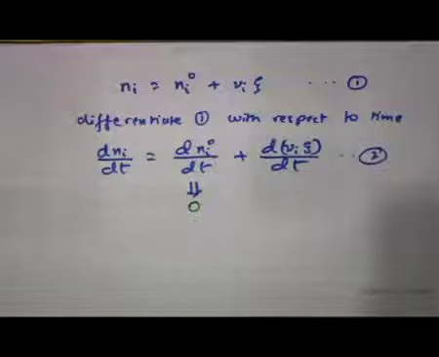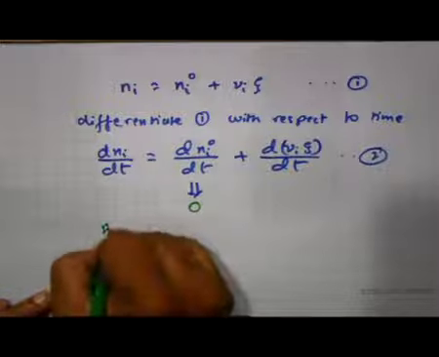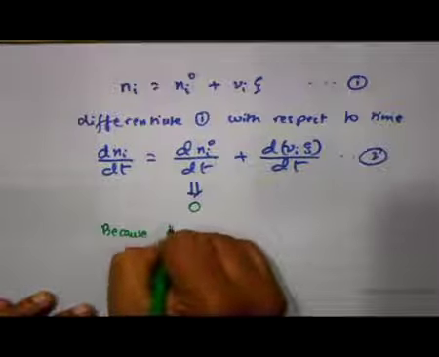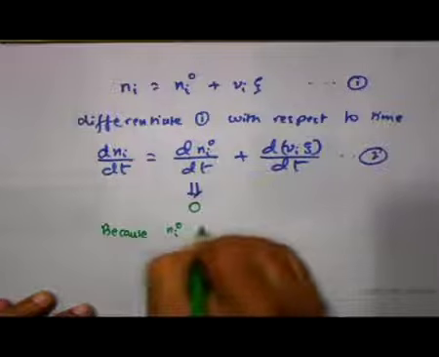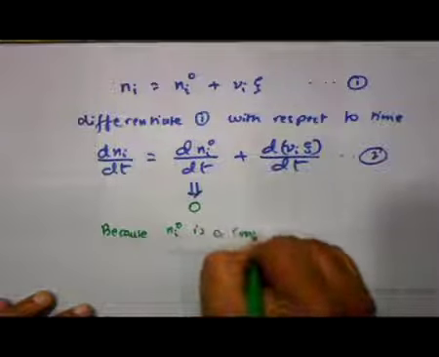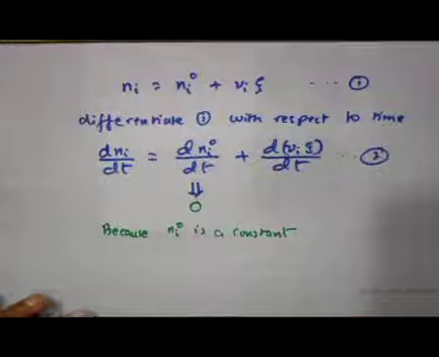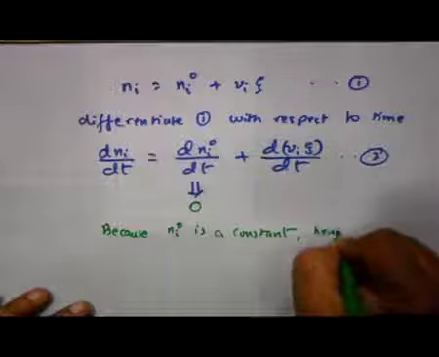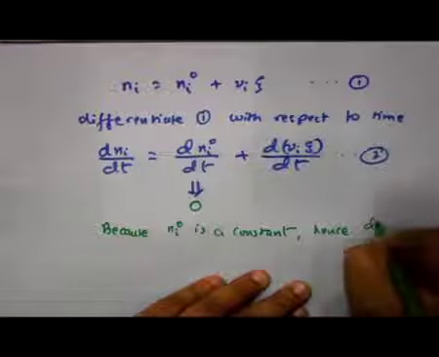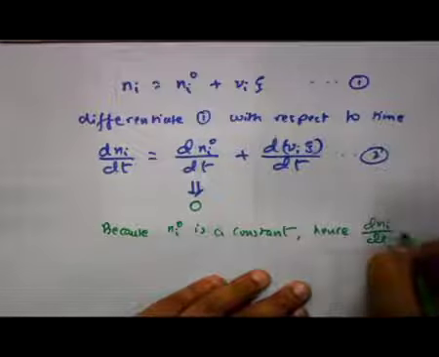Okay. So, again I define, because Ni naught is a constant, which as defined was the initial number of moles, hence dNi 0 over dt is equal to 0.